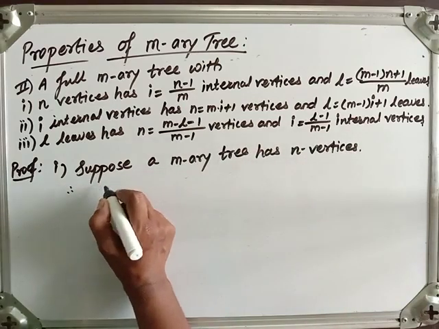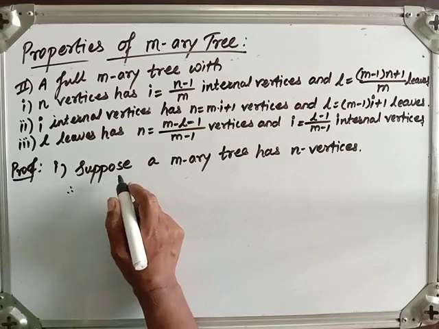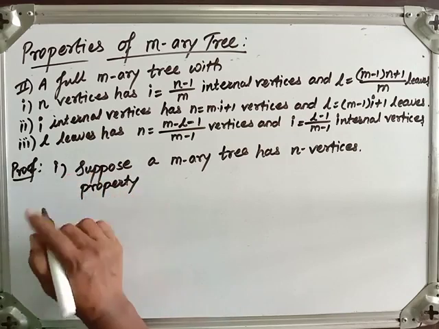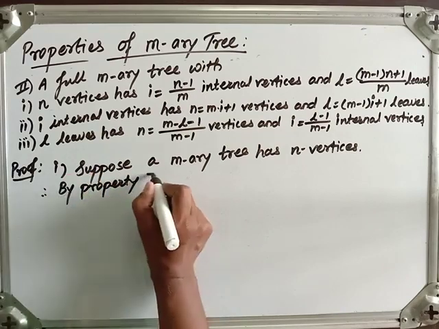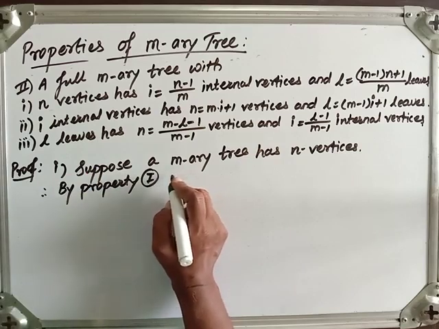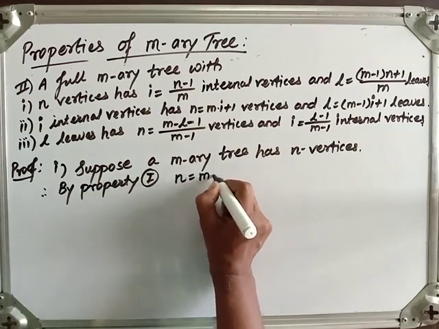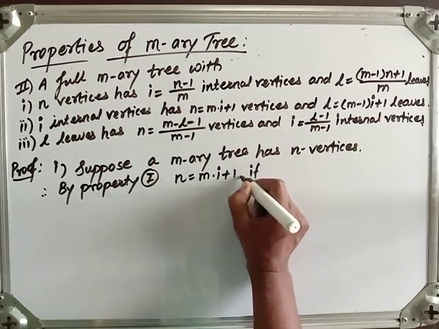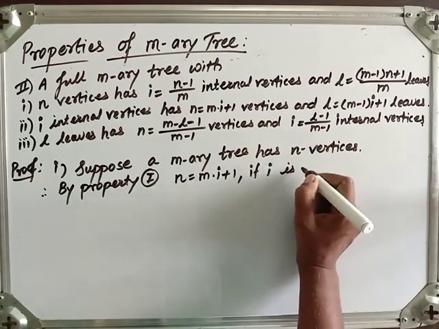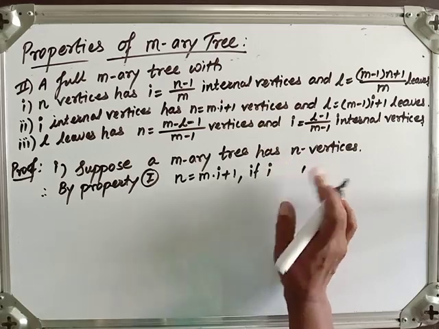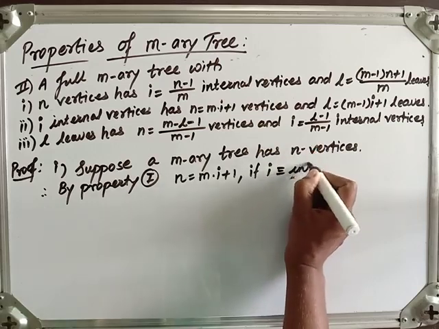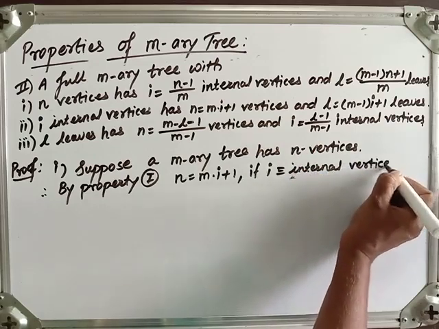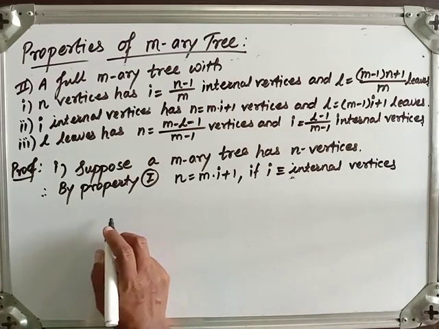Therefore, as we have seen from the previous property, by property 1, n equal to m into I plus 1, where I is nothing but the internal vertices.